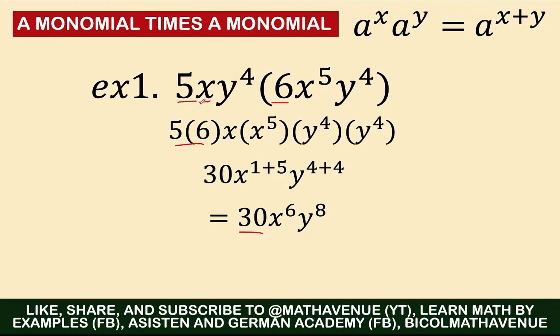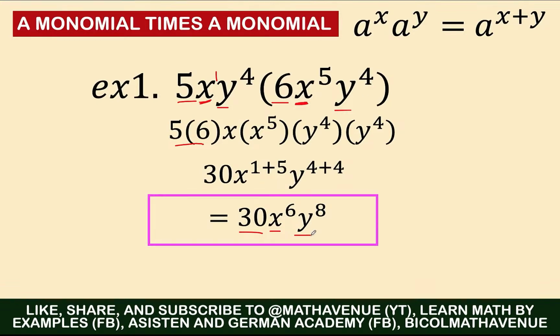Then take this variable x and look for another literal coefficient with variable x. You have here x to the 5th and x. The exponent here is 1, so copy the common variable x and you add the exponents 1 plus 5 to get 6. Then go to the y. The exponent is 4. Here, the exponent is 4. You add 4 plus 4, and that's 8. So you now have here y to the 8. That's how you multiply a monomial times another monomial.